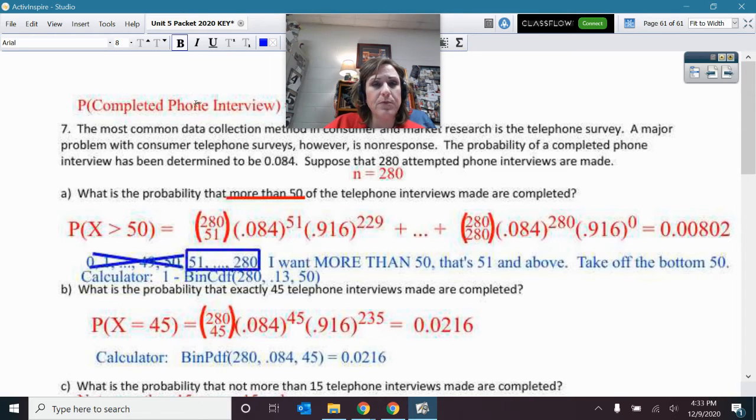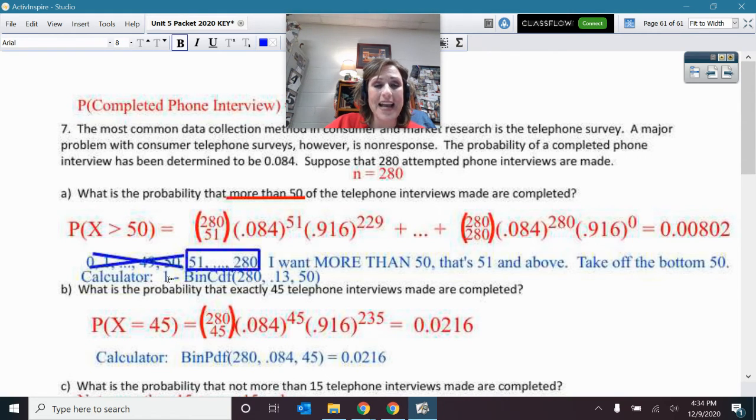The probability of a completed phone interview, 0.084. We're going to do 280 phone attempts, so that's a set number of n. We want more than 50. More than 50 means we want 51 up to 280. So if I was thinking about how this works, I want 51 up to 280, so I'm going to take off 50 and below.